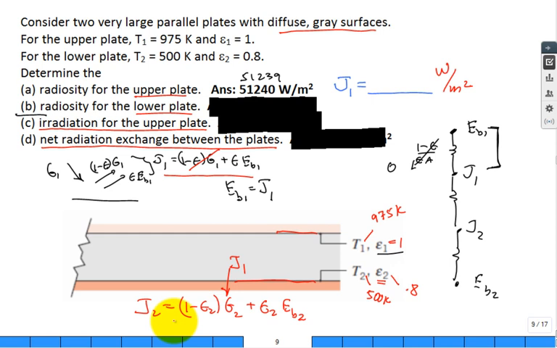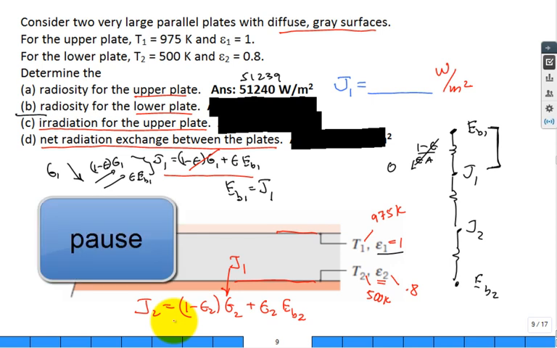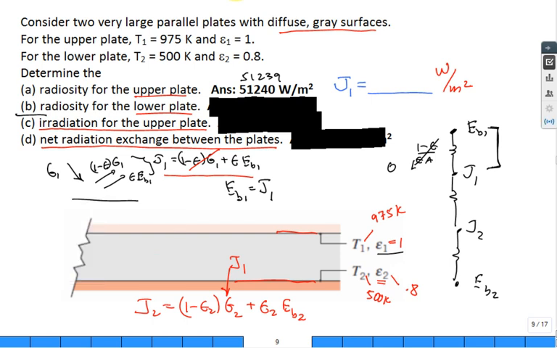So you can go back to this illustration, the basics, to calculate J2. Let me let you calculate J2 and input it as a numeric digit number. All right, so G2 is equal to J1, which is 51239. You put in the 0.8, you put in the 0.8, and then this is sigma times 500 to the 4th.